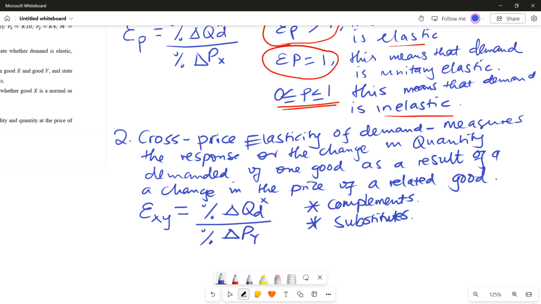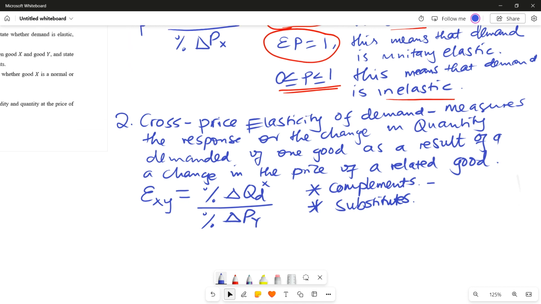If they are complements, we know that complements are goods that are consumed together, maybe the case of tea and sugar. For those, you cannot have more of one and less of the other, unless otherwise. Under normal circumstances, these goods must be consumed together. And for complements, they'll always have a negative elasticity.